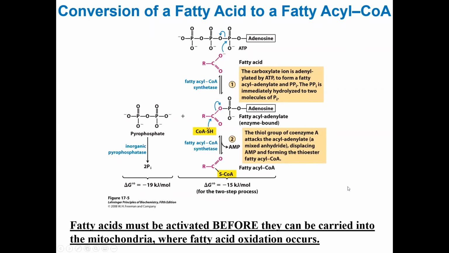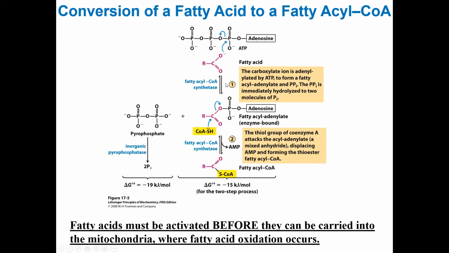If you see here, the carboxylate ion is attacking the alpha phosphorus of the ATP, the alpha phosphoryl group. Remember alpha, beta, and gamma? And so the carboxylate ion is basically attacking that phosphorus, and the leaving group is pyrophosphate.